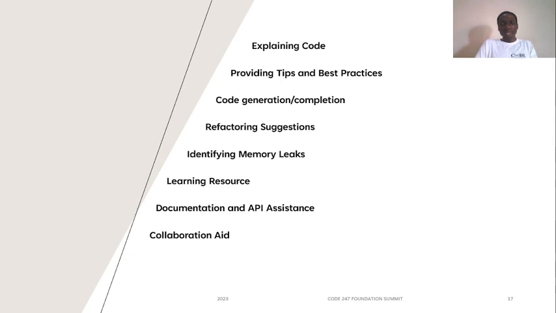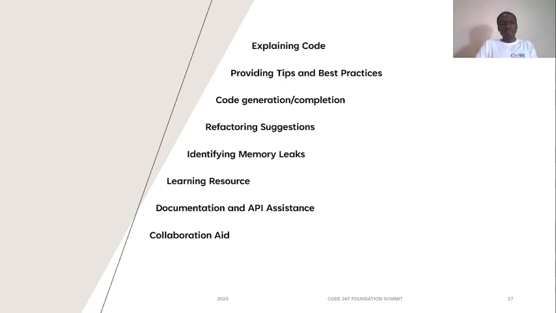Secondly, it can help you provide tips and best practices. I mean, how best can you write your code? It will actually give you tips on doing that. It could also help you generate or complete your code snippets. Of course, it could also help you refactor your code, giving you a suggestion on how best the code can be written and the best practices about the code.